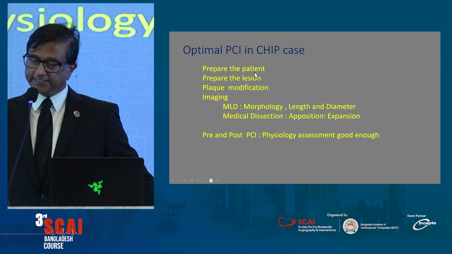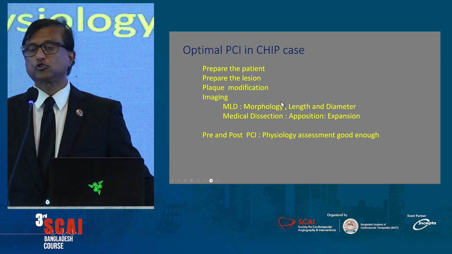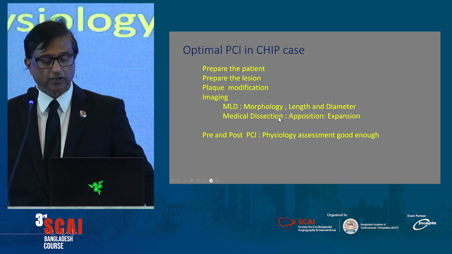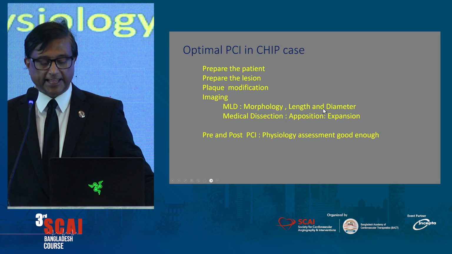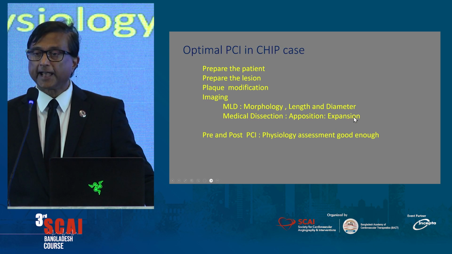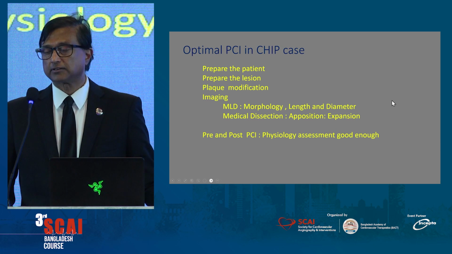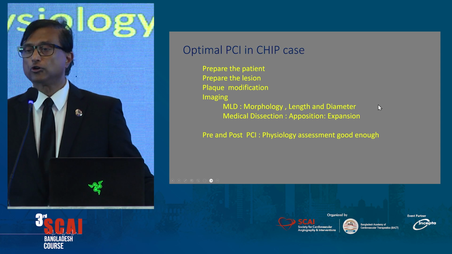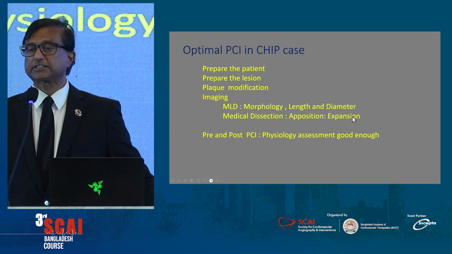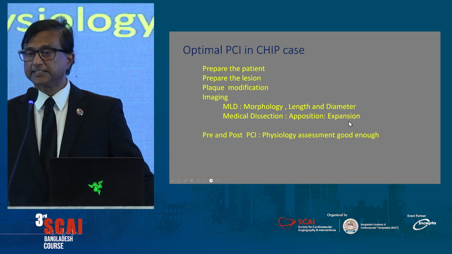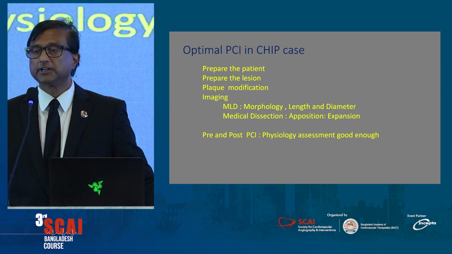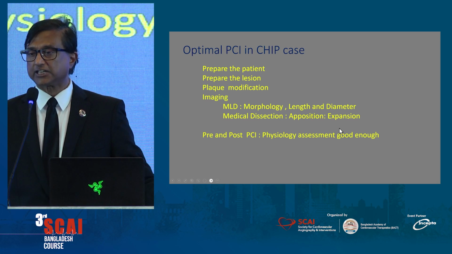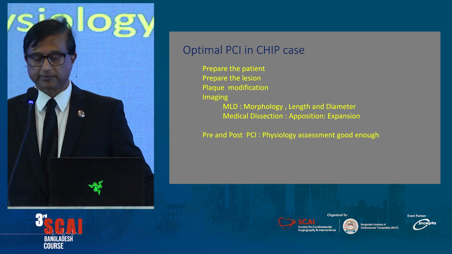And whenever it is needed to modify the plaque, we should assess the lesion morphology, the length, and the diameter. And following the intervention, we need to come out good, assuring ourselves that stent expansion is good, stent apposition is good, and there is no residual dissection that needs to be treated.